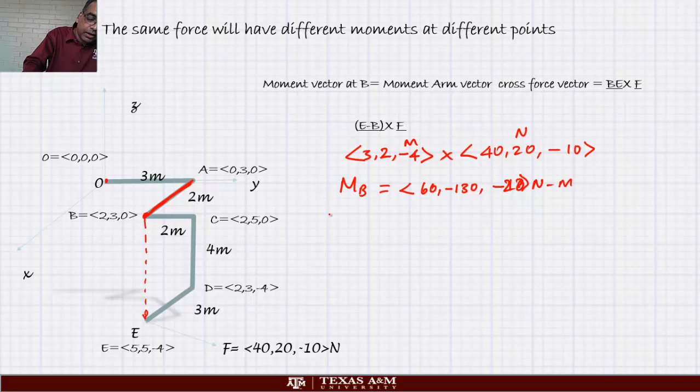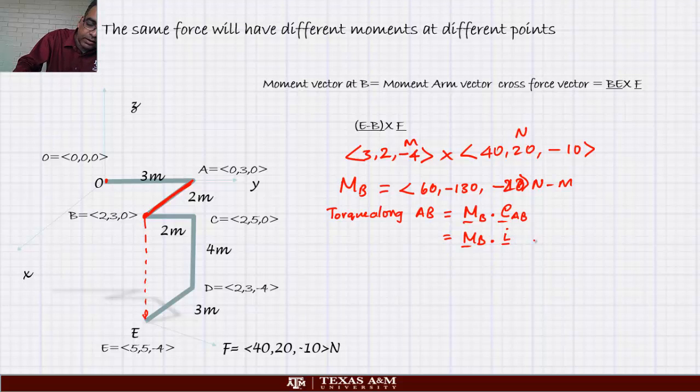Now if you want to find the torque along AB, it equals the moment vector at B dotted with EAB, which is the unit vector along AB, the direction vector along AB. That is the x direction, so it's i. If you do the dot product, that's pretty easy.